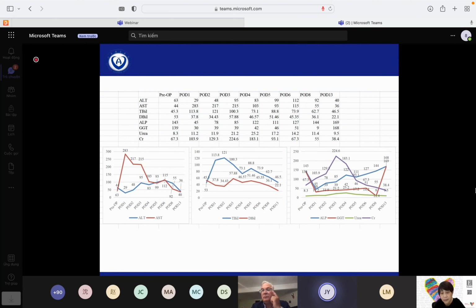We can see these numbers fluctuated after the surgery because the patient had a relatively long medical history and the disease condition is quite severe.